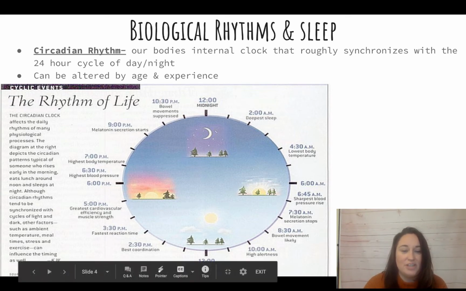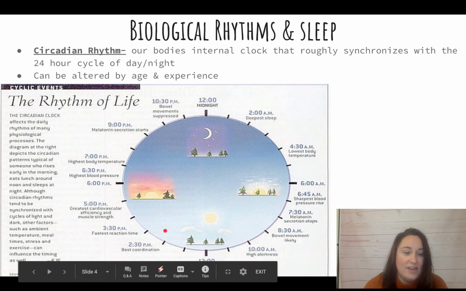So this image here just shows you how our biological clock is set up. For example, in the morning, our blood pressure rises, and our melatonin, which helps us fall asleep, stops being secreted.